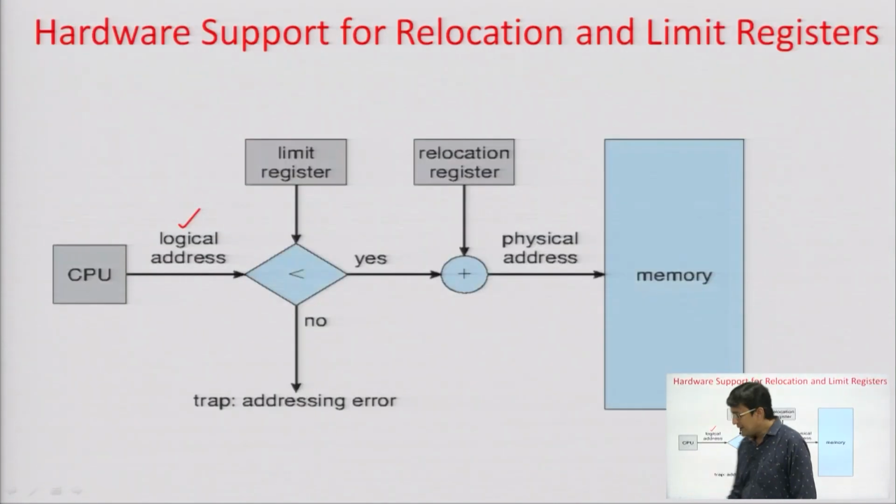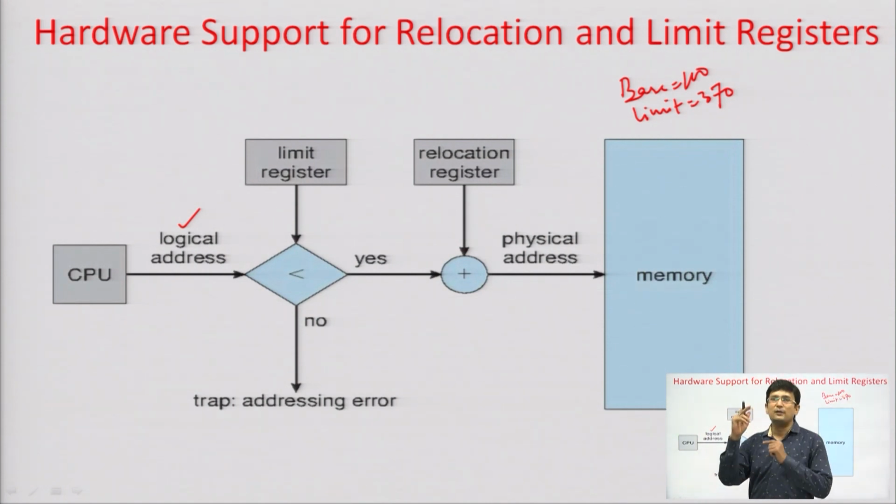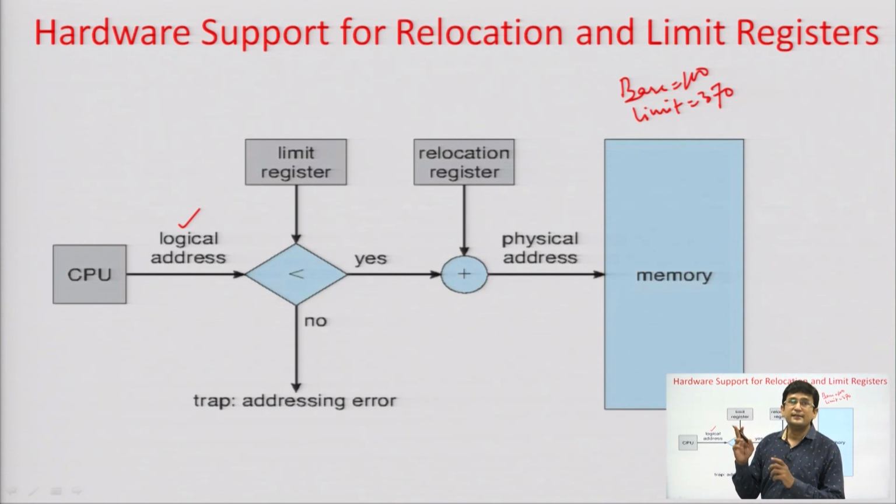So, I am storing 100 in the base register, and in the limit register I am storing 370. Whatever instruction is referenced by the CPU will lie between 0 and 369. In case the CPU is referencing any instruction beyond 369, it means there is an error. So, we should first check if the CPU has referenced the correct instruction or not.